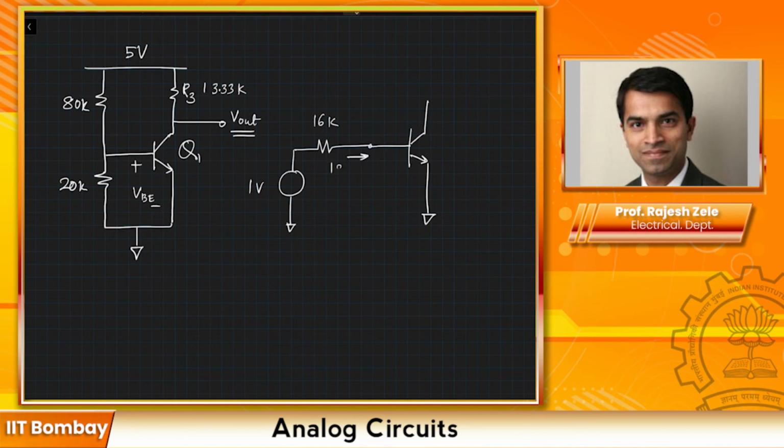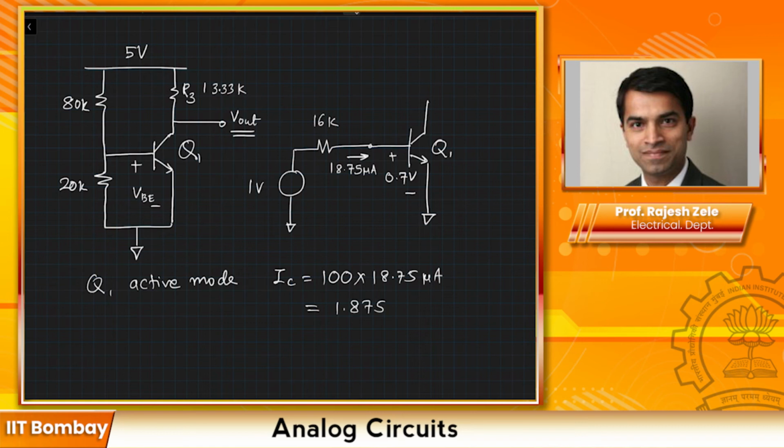So this was 18.75 microamps and this was 0.7 volts. Same as before. If we continue to assume the transistor Q1 is in active mode, then IC will be equal to 100 times the base current, which is 18.75 microamps, and this will be equal to 1.875 milliamps.